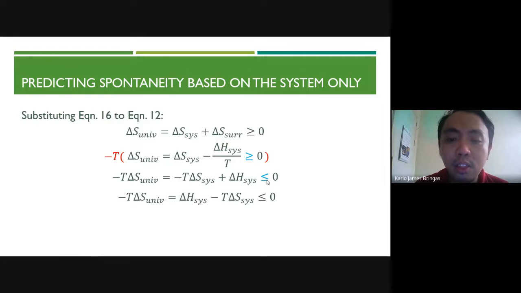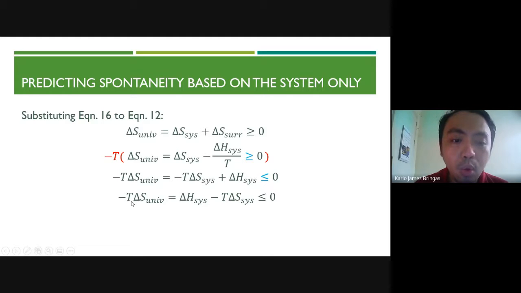And rewriting this one, transferring the negative T delta S term into the second portion, we have the following. So we're already on our way to come up with a criteria that is solely based on the system.